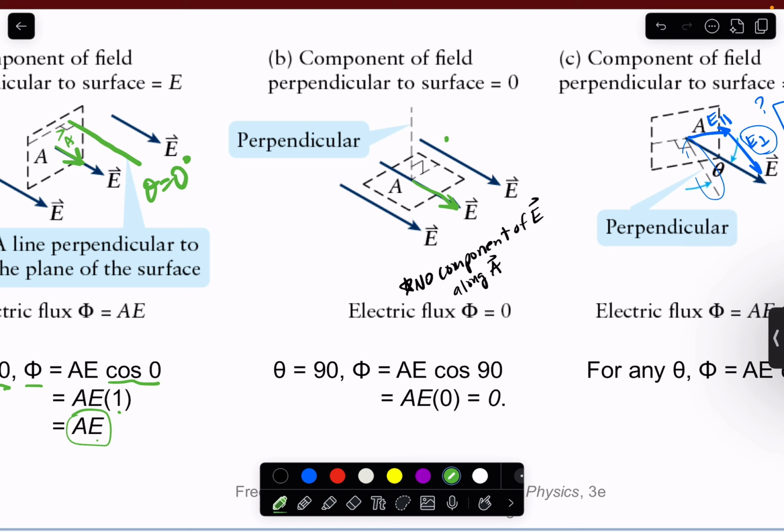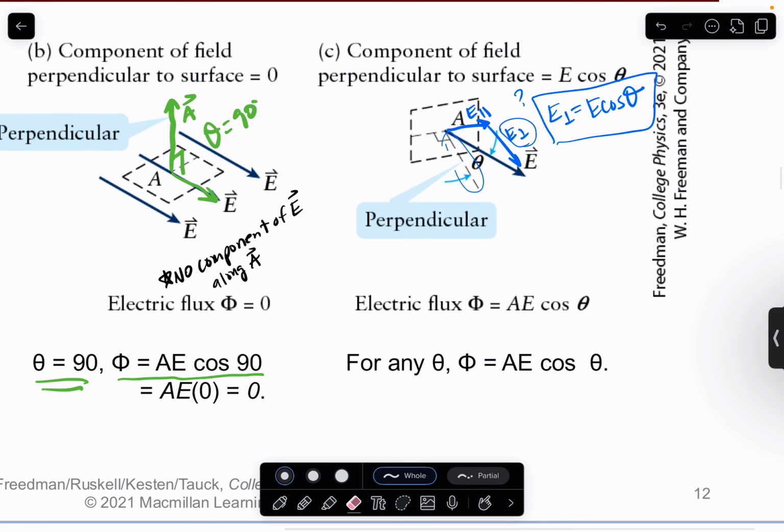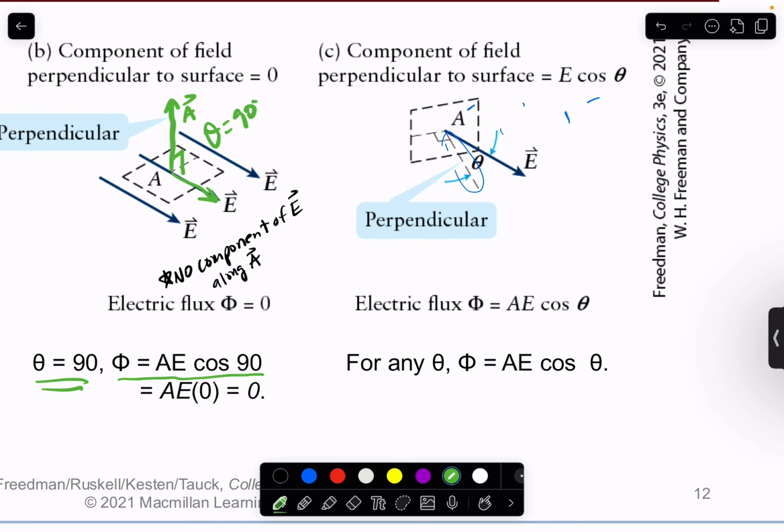Well, there's no component of the electric field in the perpendicular direction. So in other words, theta is 90 degrees, and then the flux is going to be 0 because there's no component of the electric field passing through the area.